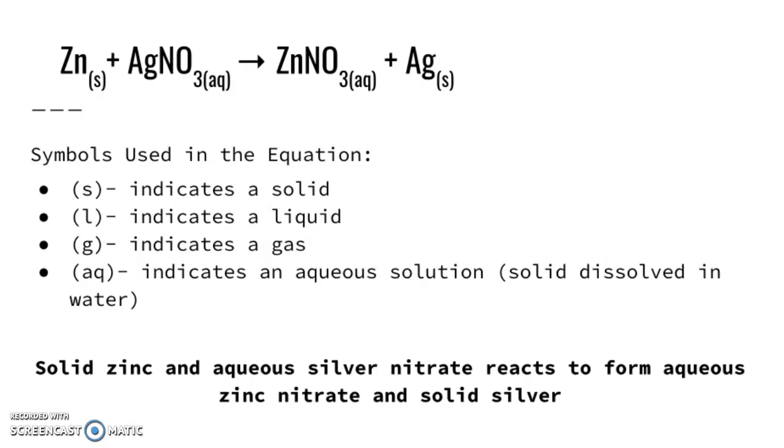So I would read this entire reaction from the last slide, and now with this, there is solid zinc and aqueous silver nitrate reacts to form aqueous zinc nitrate and solid silver.